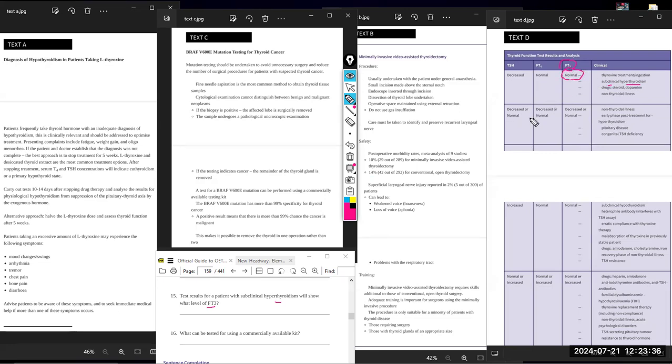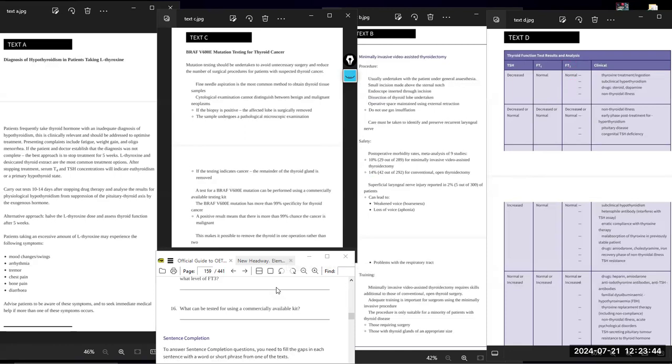I'm going to show you the correct answers when we finish answering all of them. And thank God, because this time you have been fast, and you have to do the same in the rest of the questions. Okay. Now, the final one in writing the short answer is saying what can be tested for using a commercially available kit.